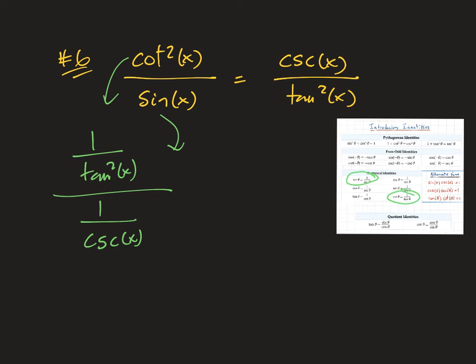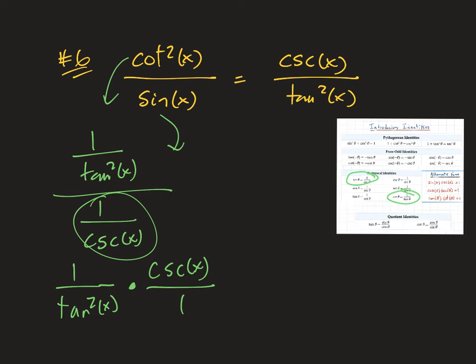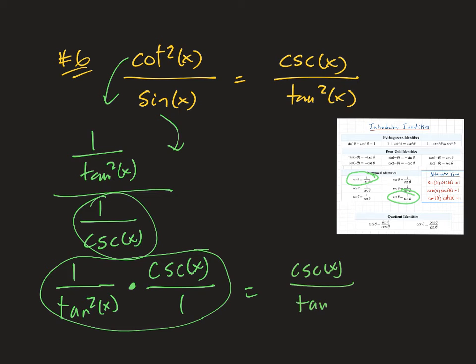That's this one. Now, this is a complex fraction. Remember, the way we handle this is we write down the numerator, and then we flip the denominator, which is this guy here, and we multiply instead of dividing. So this is, oops, spelled that wrong, cosecant of x over 1. And now when you multiply these together, you get exactly what we're shooting for, which is cosecant of x over tangent squared of x.